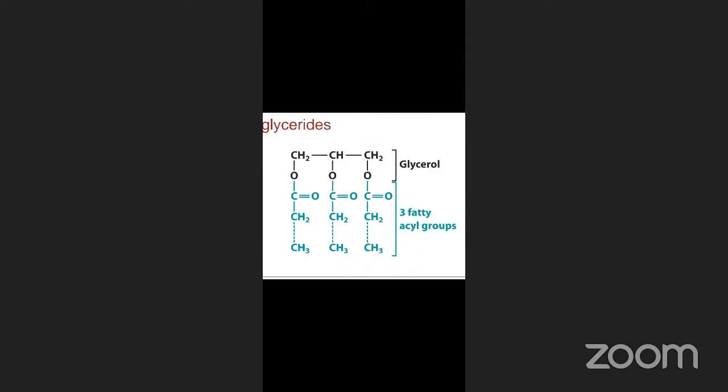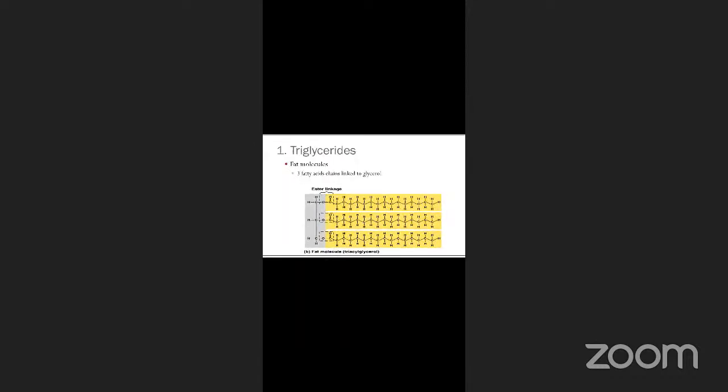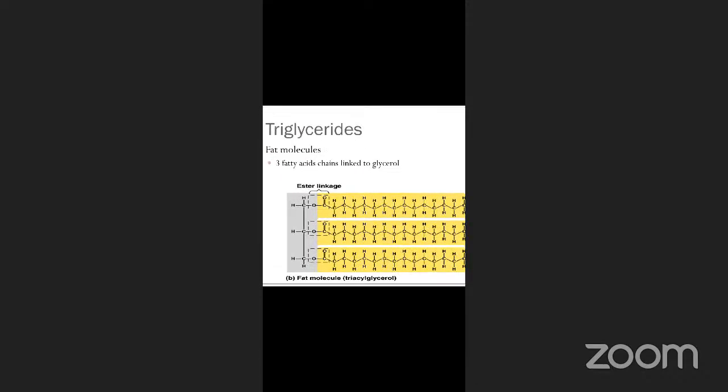Like this. So backbone will be glycerol, that is CH2O, CHO and CH2O, that will remain same. And the H is replaced by 3 fatty acid chains. And they are linked by ester linkages. Okay.